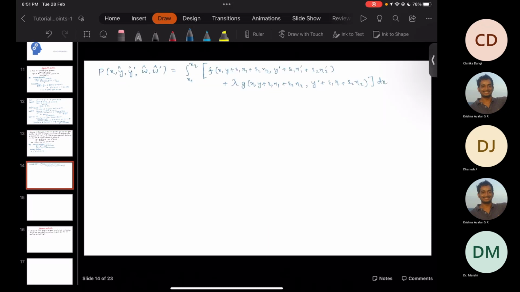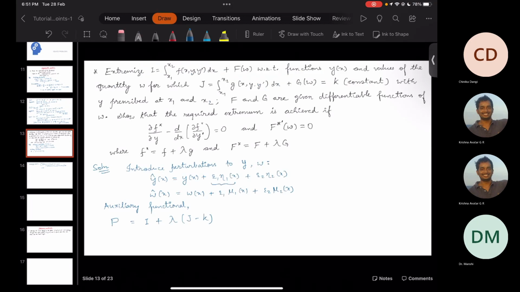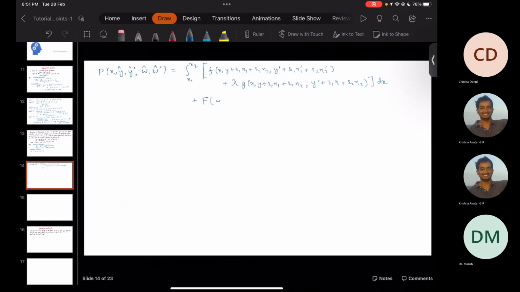This integral over dx plus capital F of, since it's w here, let me call it as w plus epsilon 1 mu 1 plus epsilon 2 mu 2, likewise plus lambda g of w plus epsilon 1 mu 1 plus epsilon 2 mu 2 minus lambda k.